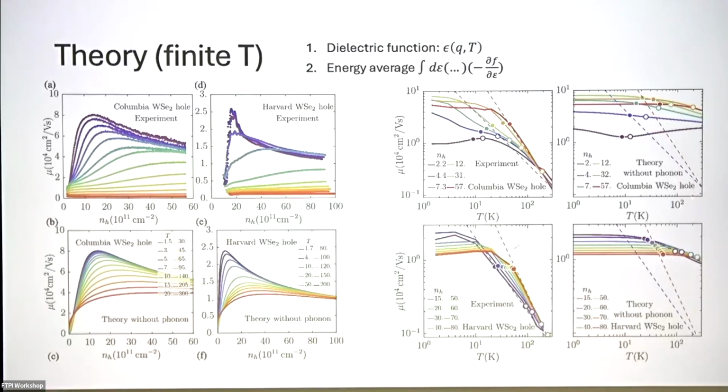I ignore all phonons in my theory. I forgot to explain the dashed lines here. This red dashed line indicates the slope 1/T, and the other blue lines indicate a higher slope. It's just the experimental range of the slope.